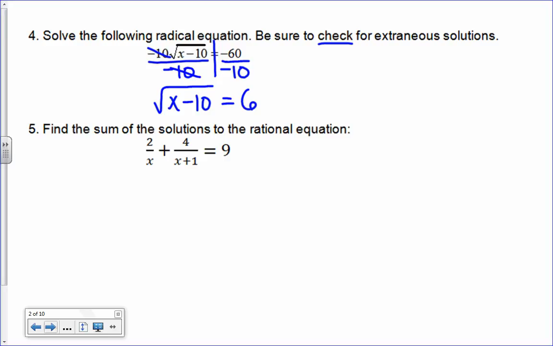Now, from here, we have to get rid of the radical. This radical is a square root. To get rid of it, you would square it. If you do it on one side of the equal sign, you have to do it on both. So the square cancels the square root and leaves us with x minus 10.